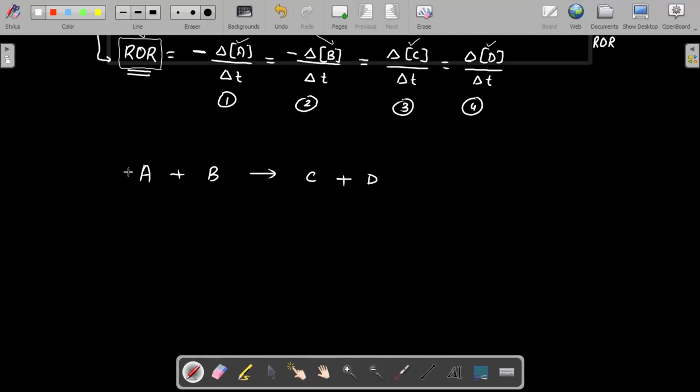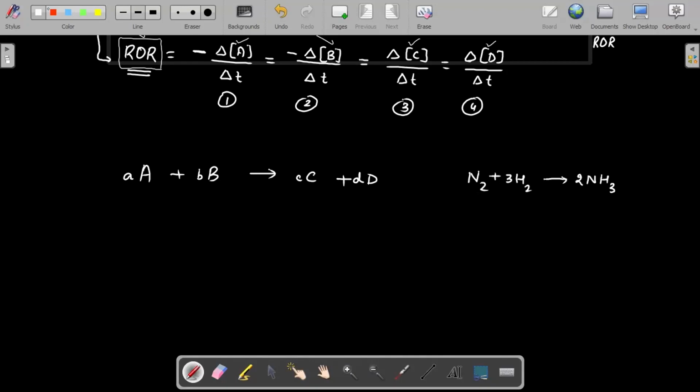We do have some stoichiometric coefficients, like a, b, small c or d. Say, for example, if I have a reaction like N2 plus H2 gives me ammonia, NH3. Suppose this is a reaction. Now, we cannot proceed with this reaction because it is not a balanced reaction. As per the law of conservation of mass, I have to balance it. So let me put 2 here and 3 here.